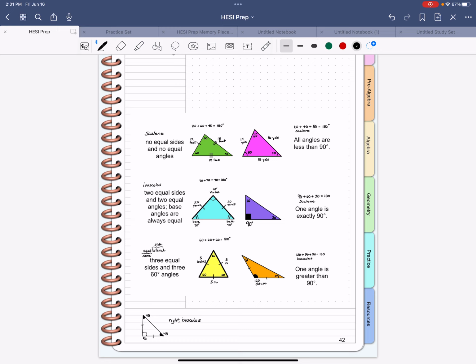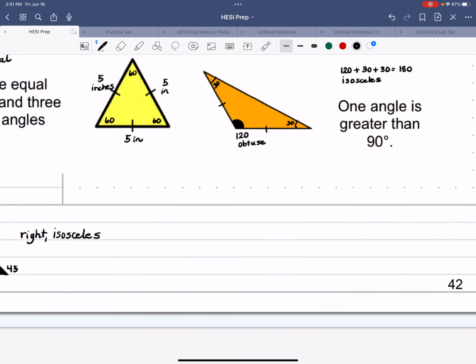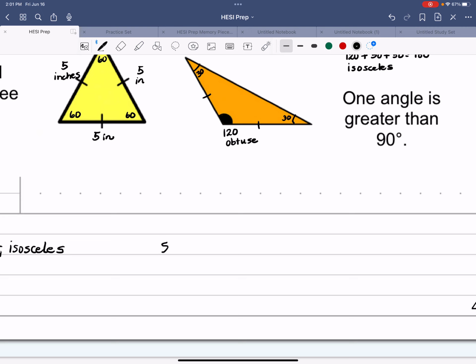So triangles can be named by their sides or by their angles. Your choices for sides would be scalene, where no sides are equal. Isosceles, where two sides are equal. And equilateral, where all sides are equal.